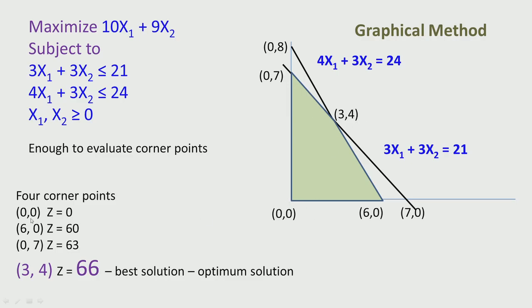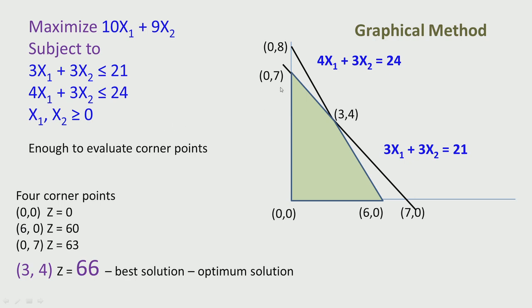The corner point 0, 0, z is the value of the objective function. So at x1 equal to 0, x2 equal to 0, 10x1 plus 9x2 will be 0, and therefore z is equal to 0. For the corner point 6, 0, 10x1 plus 9x2 will be 10 into 6 plus 9 into 0, which is 60.